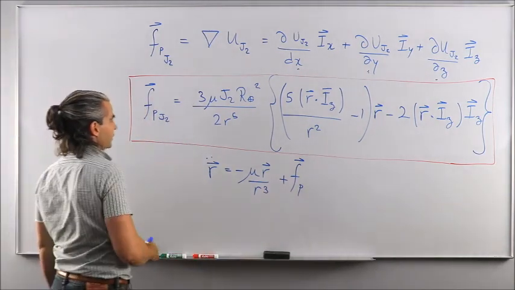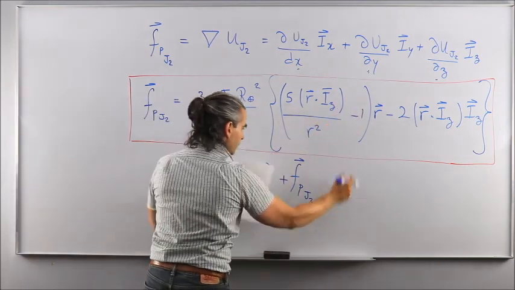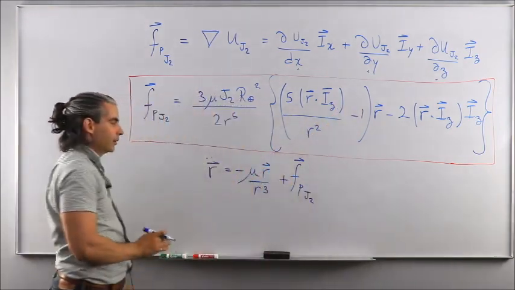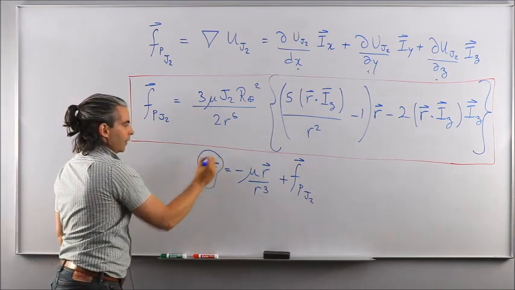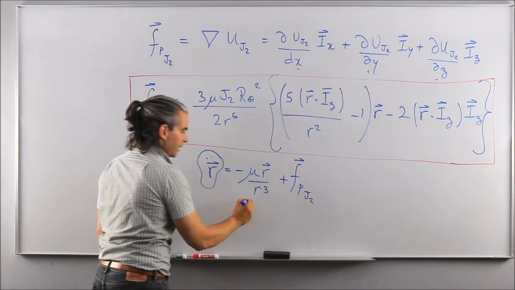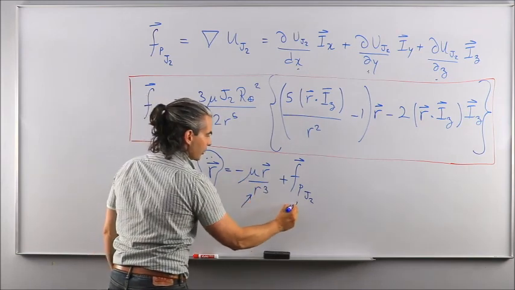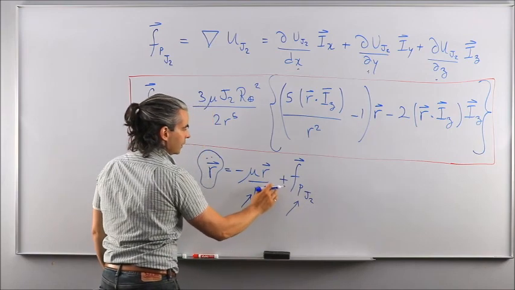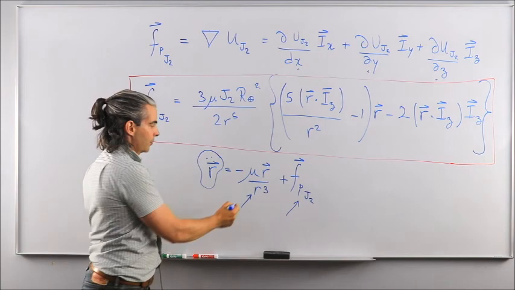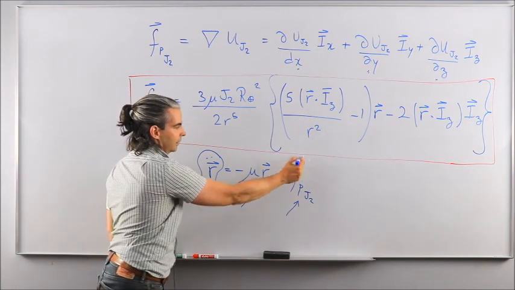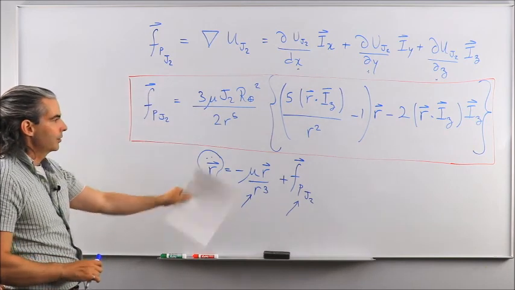What if you only consider J2? You add this big term next to the two-body equation, and that'll give you the net acceleration applied to the spacecraft due to the main attraction of the body, which you consider a perfect sphere, plus the contribution due to the fact that the actual shape of the primary body deviates from the perfectly spherical model, okay? So this is where this expression would be relevant.